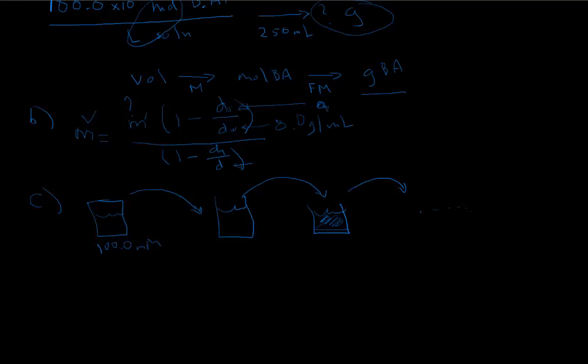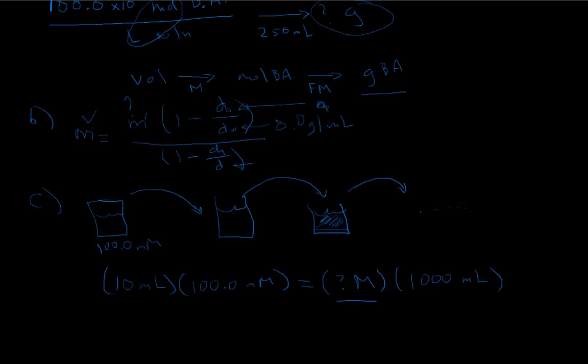Each time we dilute our sample, we decrease the concentration by a certain factor. So for example, if I take 10 milliliters of my 100 millimolar solution and add that to a 1,000 milliliter flask, and then dilute that with water, I can calculate my new molarity using the dilution equation.